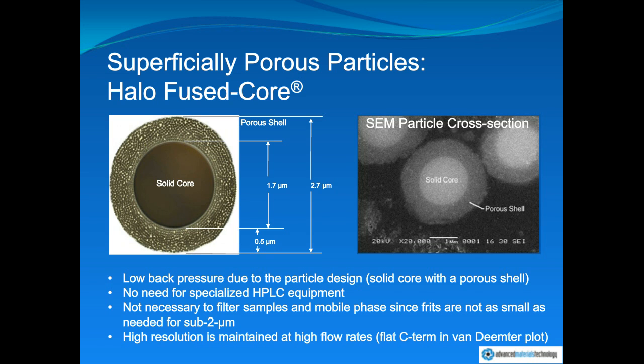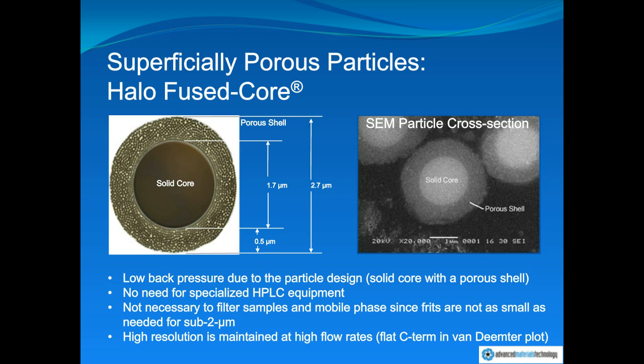So this means that you have a comparably lower back pressure due to the particle design. This relieves you of some of the requirements of going to very high pressure in order to get very efficient separations. So it reduces the degree of specialization needed for the chromatographic instrument. And because these are larger particles, we don't need to use very small filters to keep them in the packed bed column.